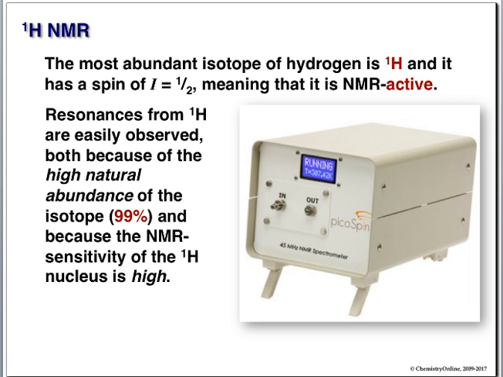The 1% that's deuterium is not, but regular old 1H is. Not only that, but it has a high sensitivity to the NMR, which means we get nice differences between aligning with the field and against the field.